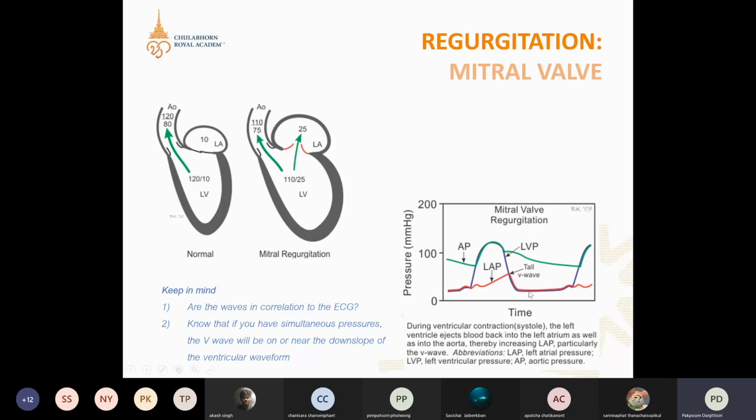So that's why the V wave is taller, just like this. The V wave will be near the downslope of the LV pressure, around here, something like that. Okay.